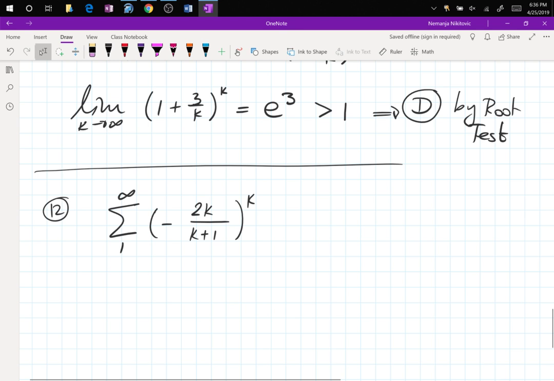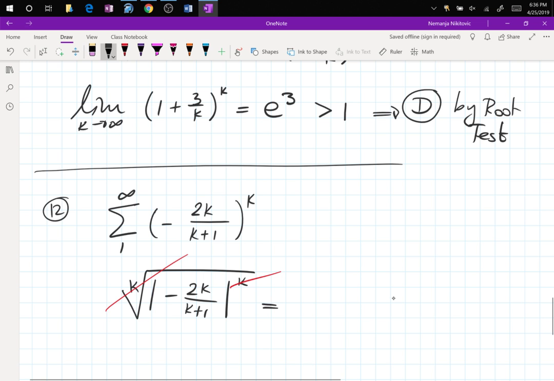So now you have your kth root of absolute negative 2k over k plus 1. I did not put this absolute value earlier because it was positive, right? It was 1 plus 3 over k, so I didn't bother. But now there's a negative, and that's going to kill it. So now the kth root and the kth exponent cancel each other out, and then the absolute value is going to kill the negative.